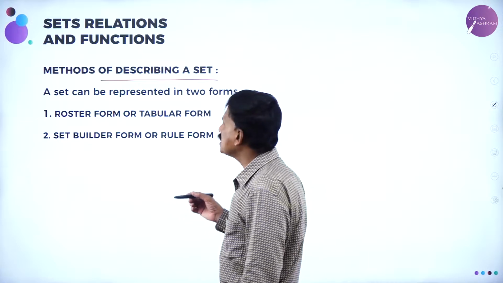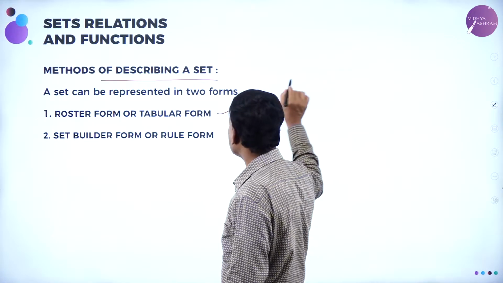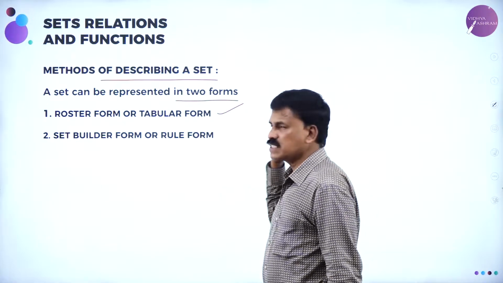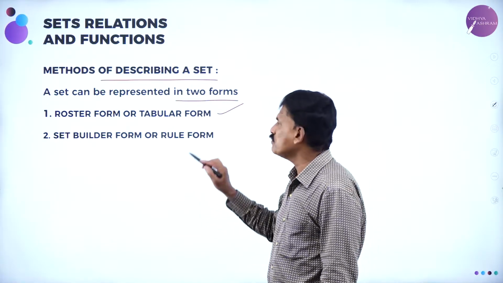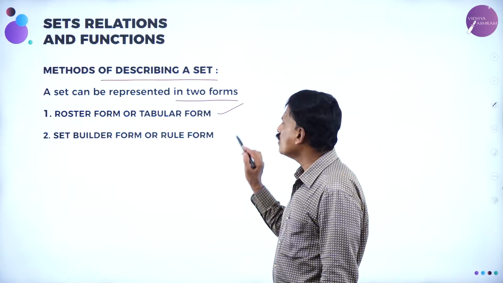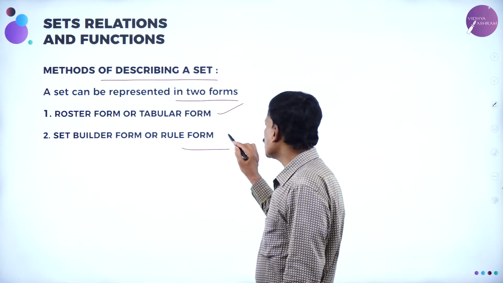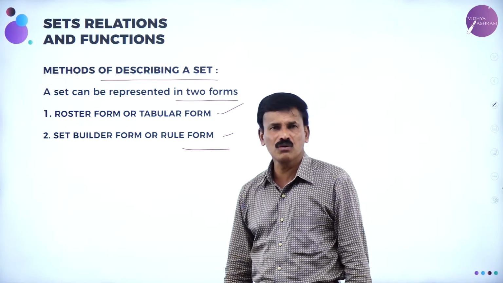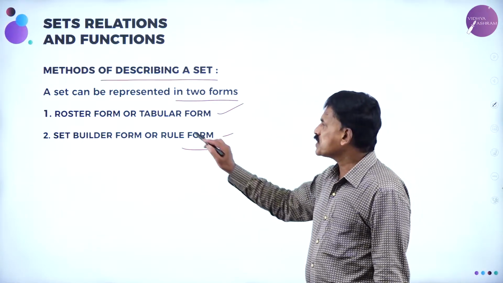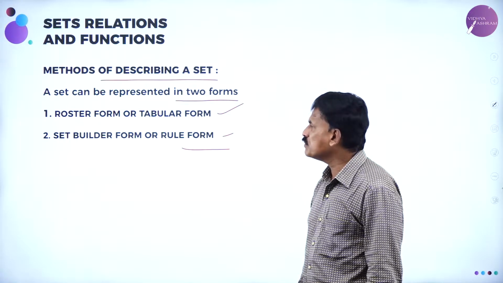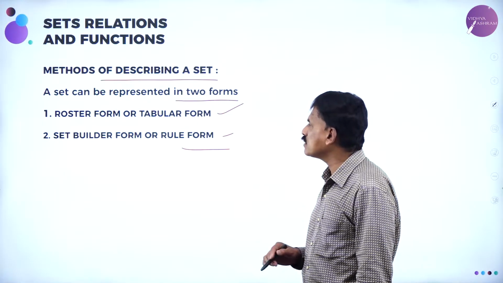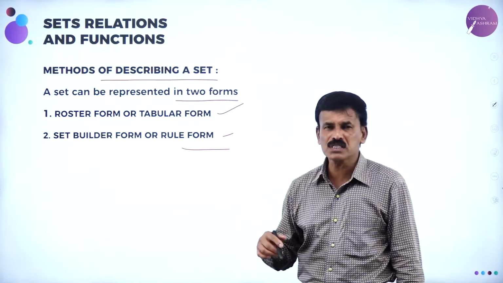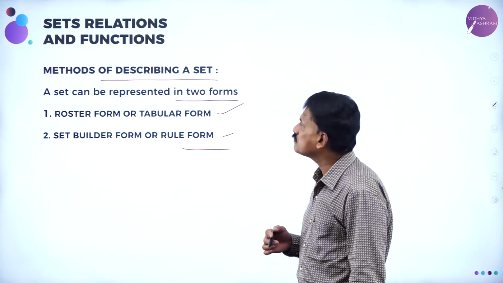The first method is called the roster form, or the tabular form, and the second is called the set builder form, or the rule form. These are the two methods for construction of sets.